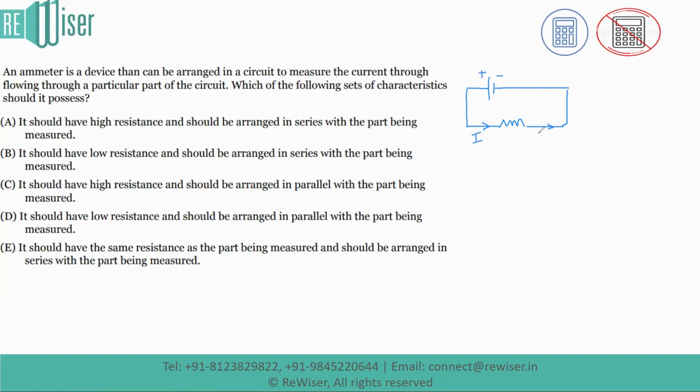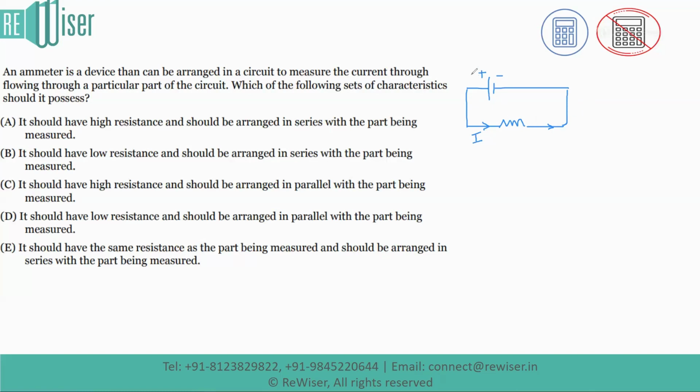Now, we know that in any electrical circuit in general, the current flowing through two components is the same in series and splits in parallel, while the voltage across two components in parallel remains the same and splits in series.